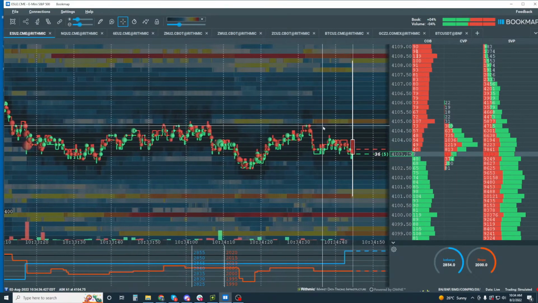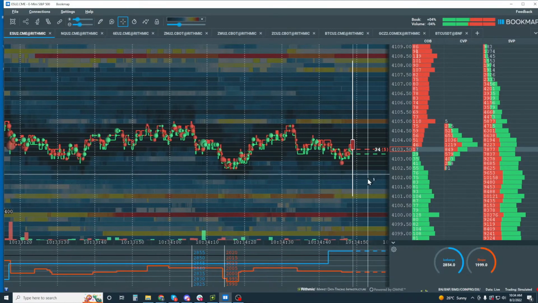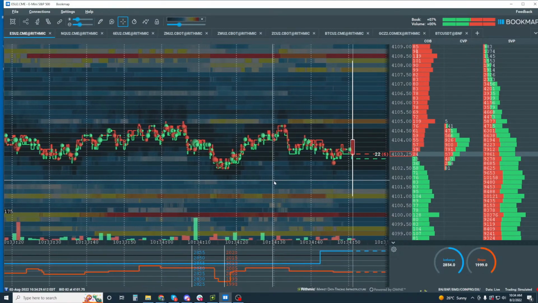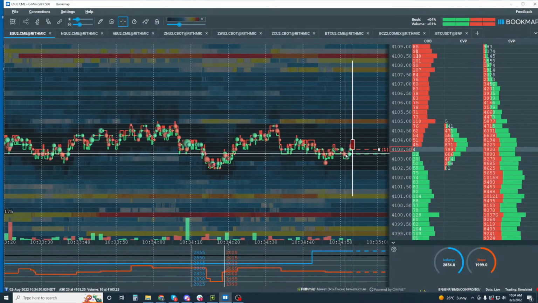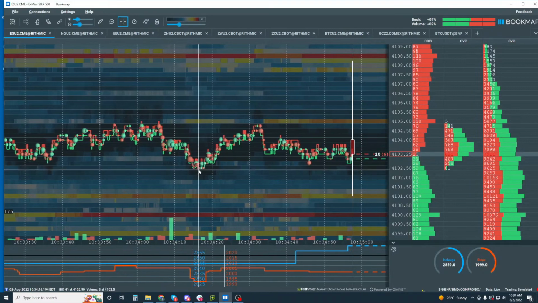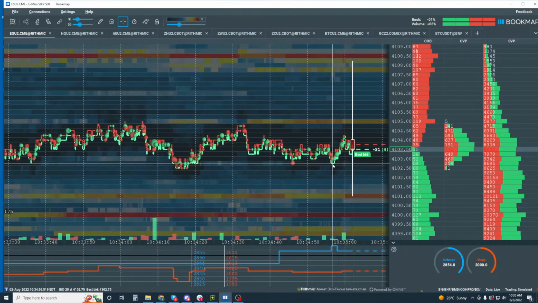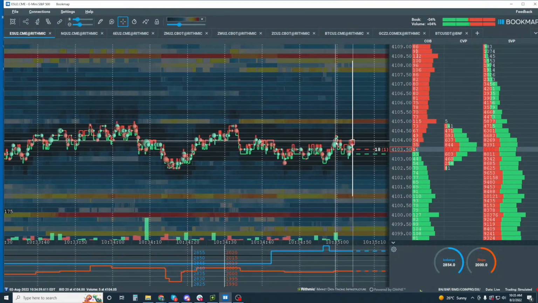Okay, got to see the buyers here. Lift the offer, want to see them pull this 05, want to see them add on the bid here. Nothing so far. First thing we would see is likely either exhaustion down here like this, and then our buyers here. This looks good.